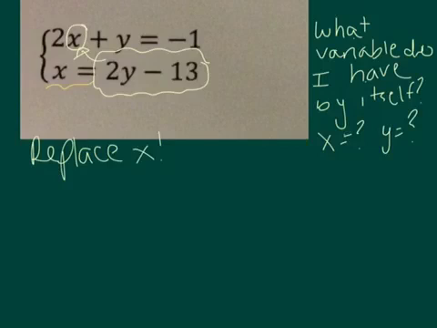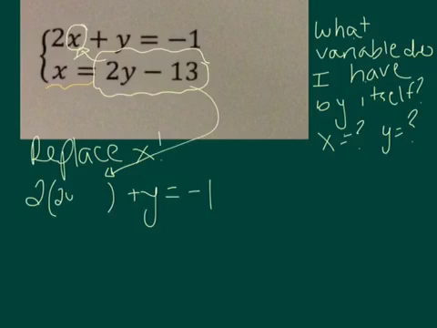So that means I have 2 parentheses plus y equals negative 1, and where that parentheses is goes that 2y minus 13. So now I only have y's in the problem.